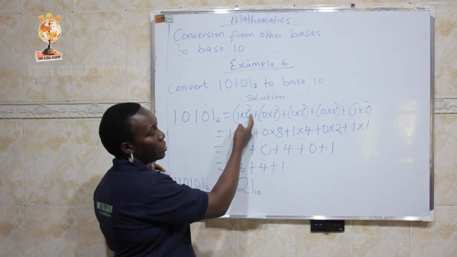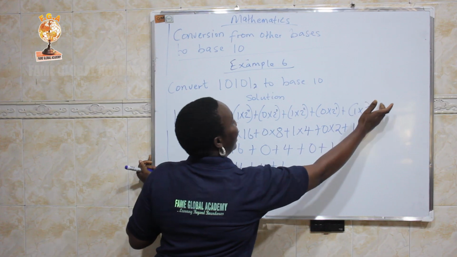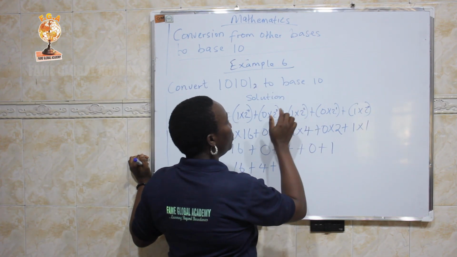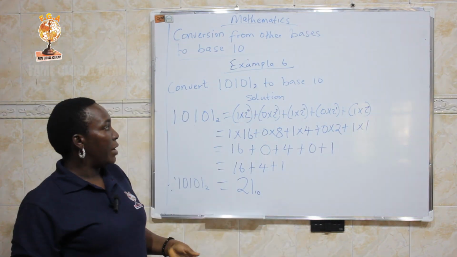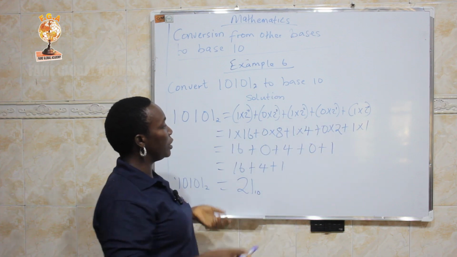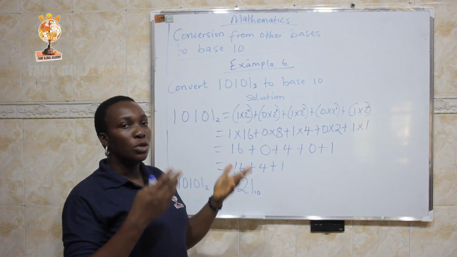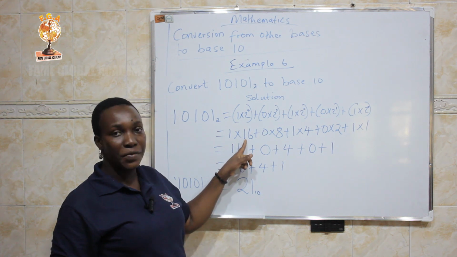You start with the last one with 0, so you have 0, 1, 2, 3, 4 coming this way. After the expansion, you put your powers, then you multiply. So 1 times 2 raised to the power of 4 means 2 times 2 times 2 times 2, four places, and that will give you 16.